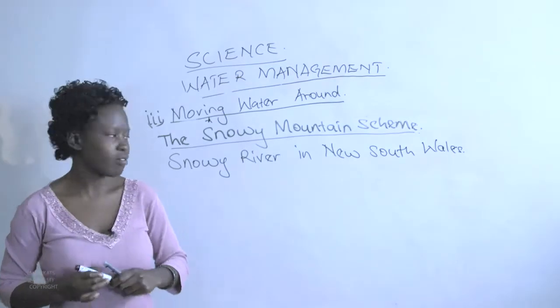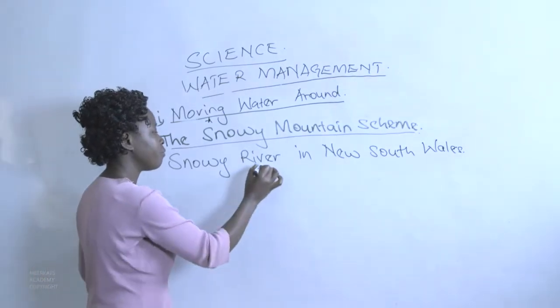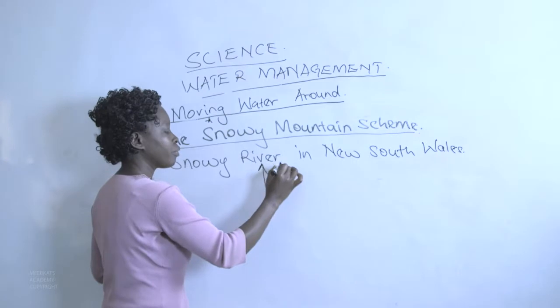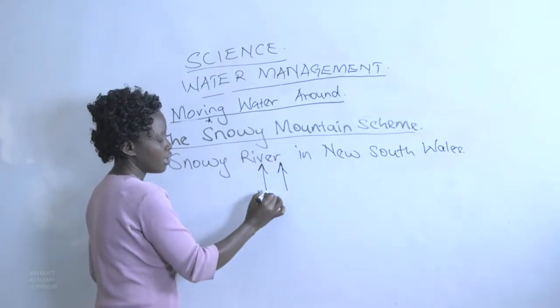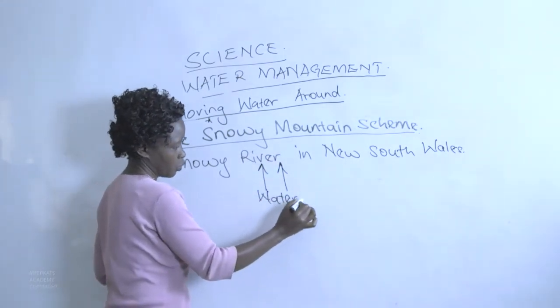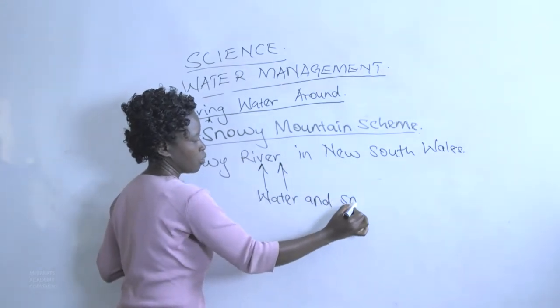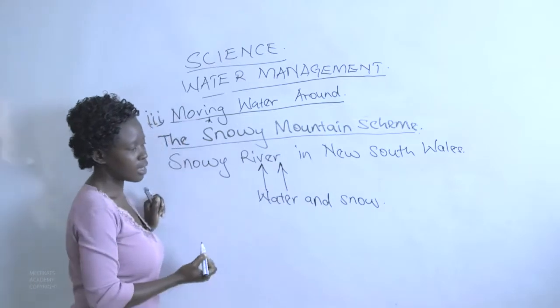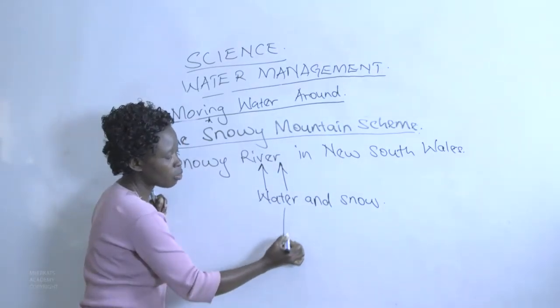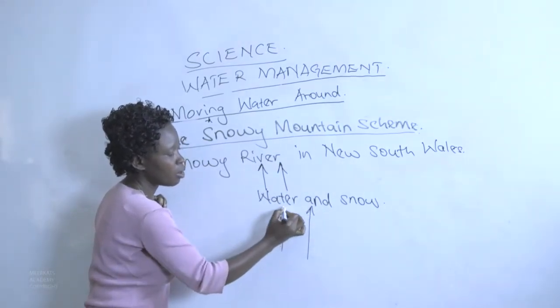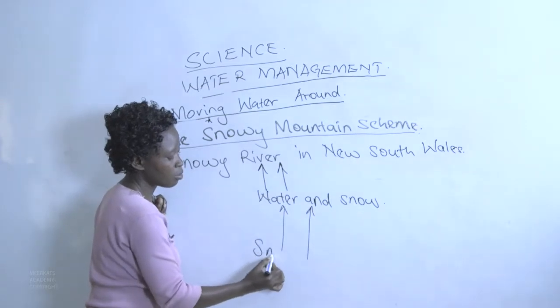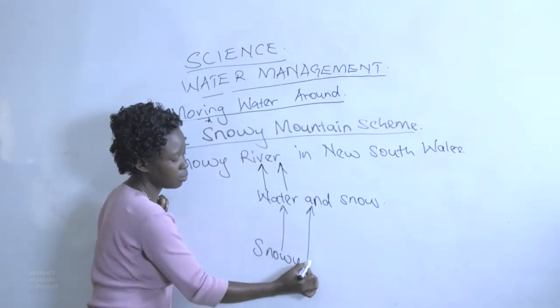This Snowy River is being fed by water and snow. Where is this water and snow coming from? This water and snow is being obtained from the Snowy Mountain.